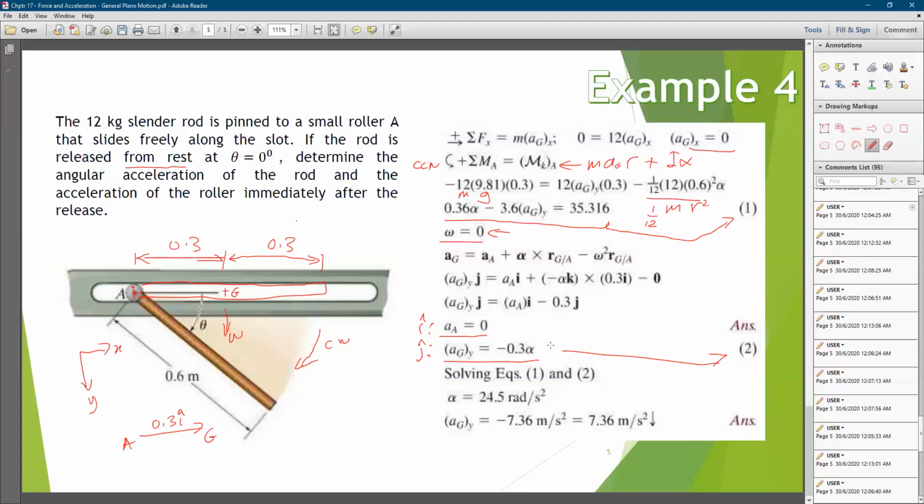Now we can solve this because we have two equations and two unknowns. So our alpha is 24.5 radian per second squared, and the acceleration of point G is equal to minus 7.36 meter per second squared, and it is going down.